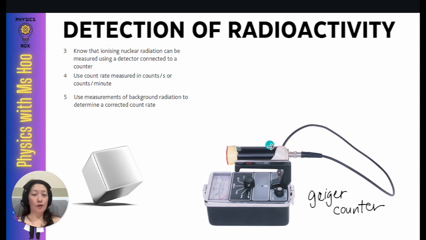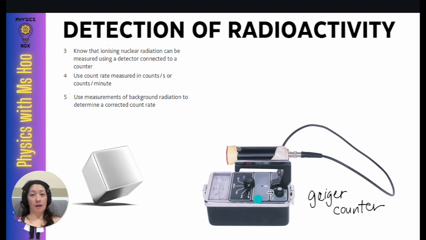You can see that this tube here, that's the Geiger-Müller tube. This is the tube that you would point towards the radioactive material that we want to measure. And it's connected to a counter, which will give us the value of the level of radioactivity. So that's what they mean here when they say the detector is connected to a counter.